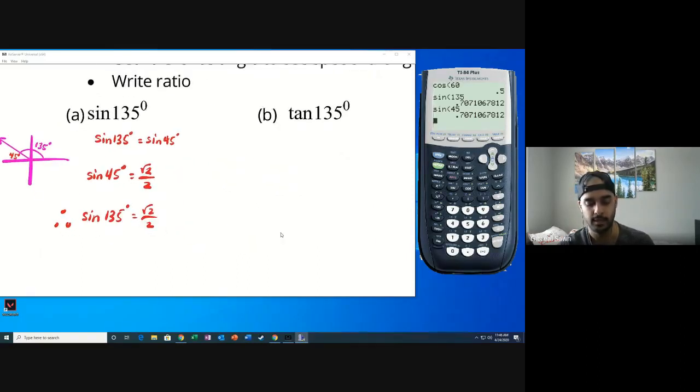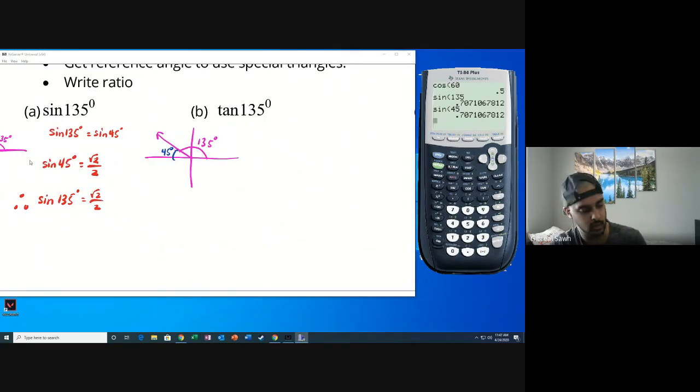Let's try B. Tangent 135. So same picture, angles in the same place. And here's 135 again. That means my reference angle that I need to use this time is still 45 degrees. So we can say that tan 135 degrees equals tan 45 degrees for the same reasoning as before.